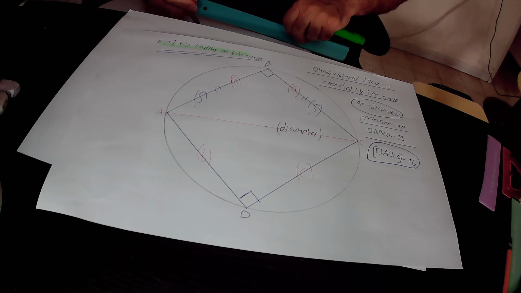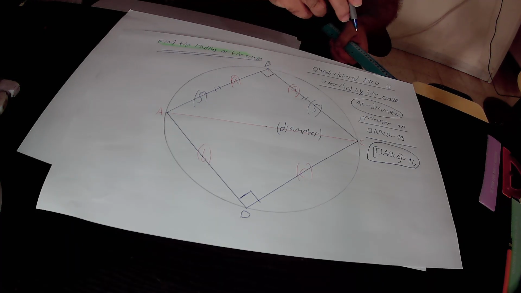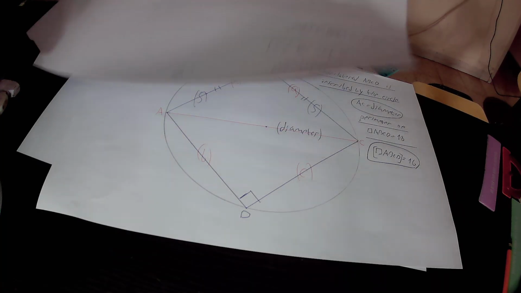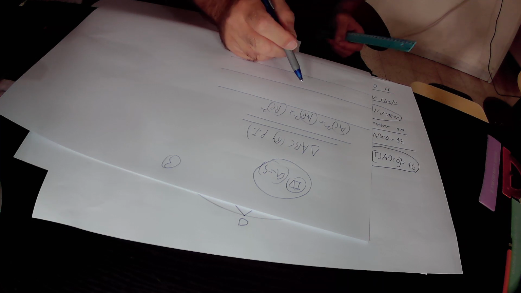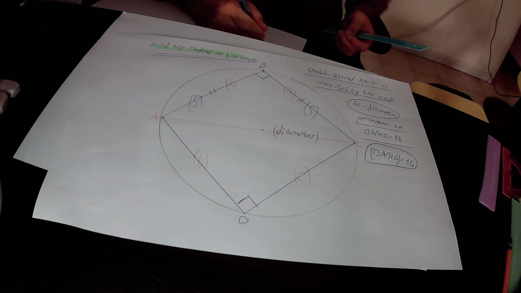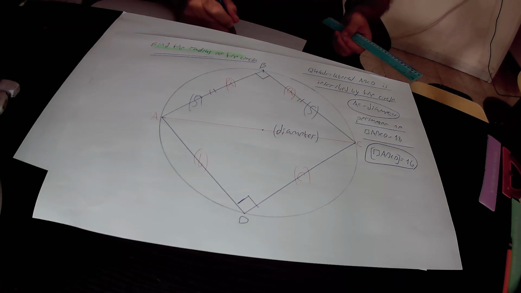According to the Pythagoras theorem, AC squared, that is the square of the hypotenuse, equals AB squared plus BC squared. AC is the missing side, so we leave it as it is. AC squared equals AB squared. AB is 5, therefore AB squared is 5 squared, that is 25, plus BC squared. BC is also 5, so BC squared is 5 squared, that is 25.